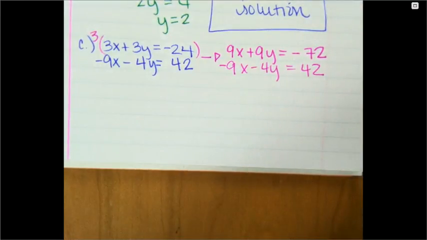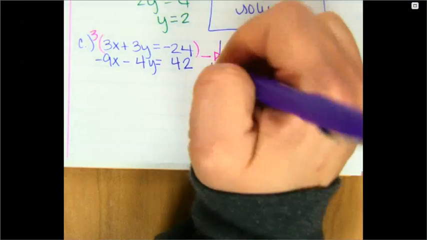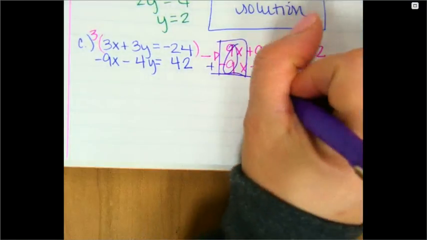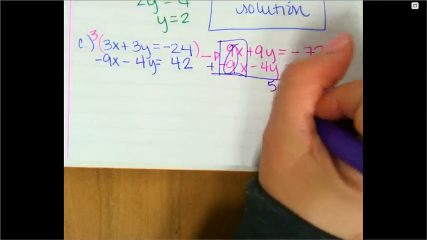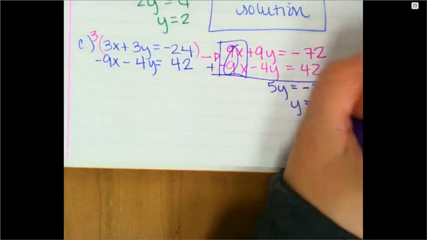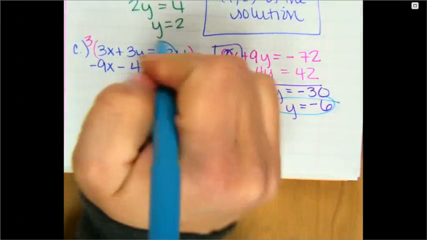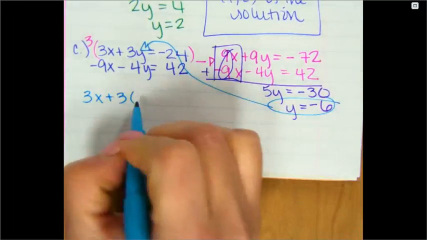Good. Alright. We're adding. What's canceling? The 9's. Good. What's 9y plus negative 4y? Equals? Divide and get what? Very good. What do we do with negative 6? Divide it. So we get 3x plus 3 times what?